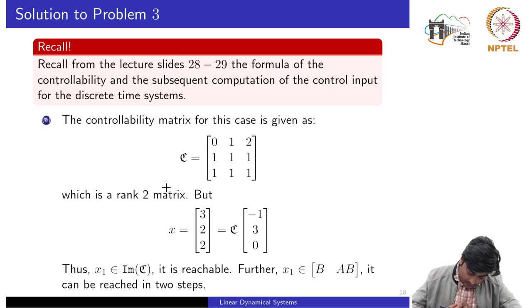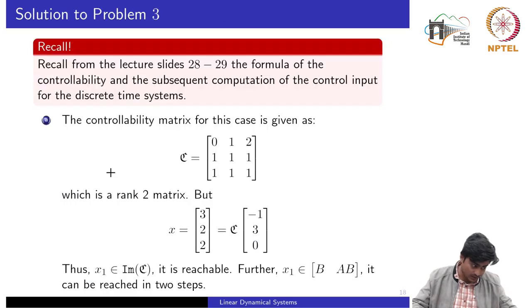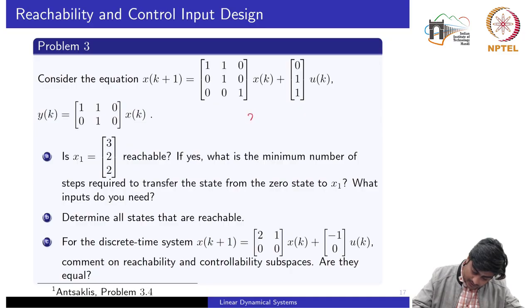Now, if we want to test whether the state at t is equal to t1 is reachable, it means that x1 should belong to the image of this controllability matrix. That is, there should be some eta vector such that this equation is satisfied.